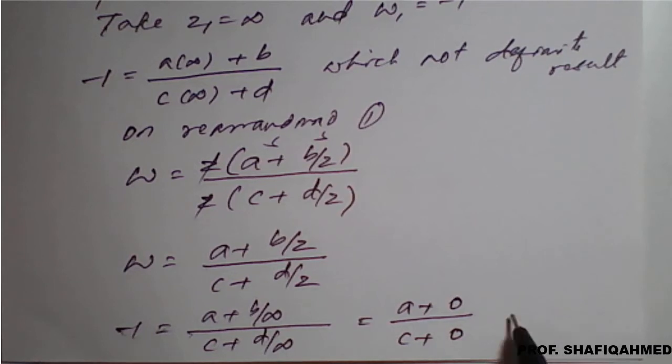So we got -1 = a/c, or on cross multiplying, a = -c.